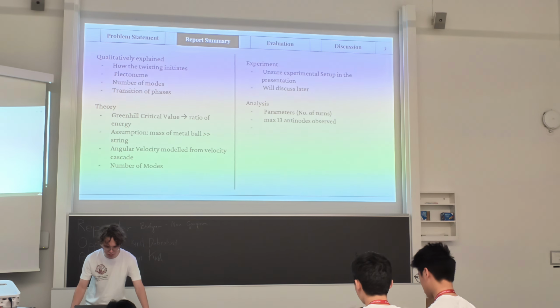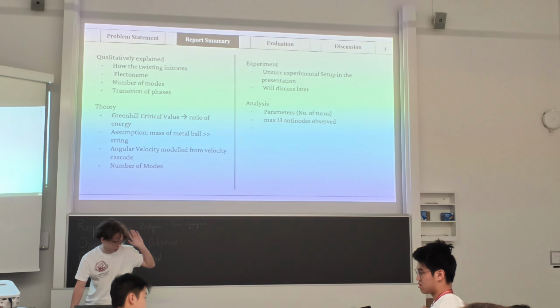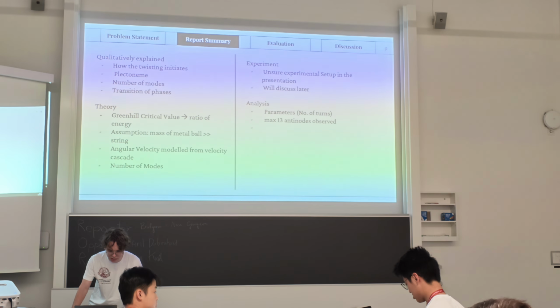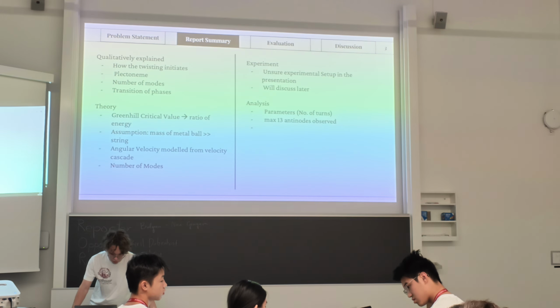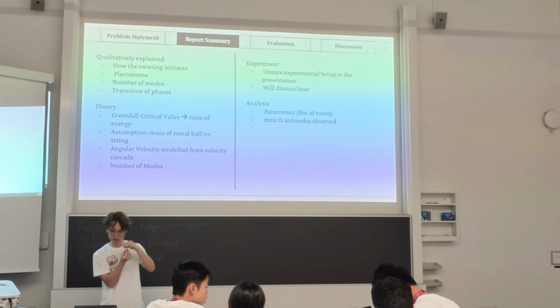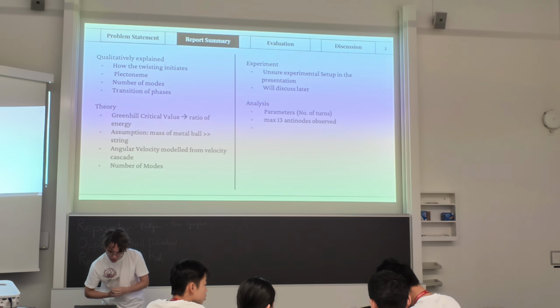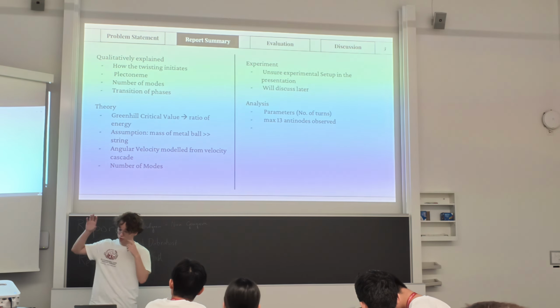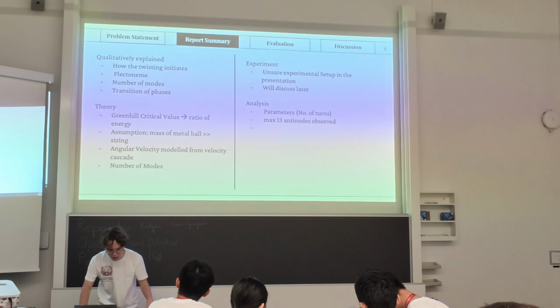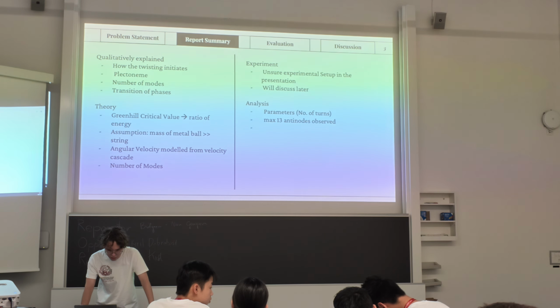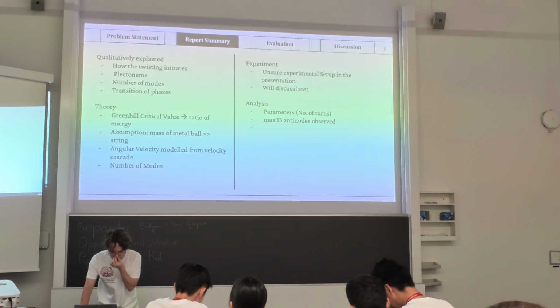Moving on to the summary of the report, the team qualitatively explained how the twisting initiates. They also explained the number of turns and how this twisting happens. They have also showed us the transitional phases and explained the bobbing of the ball. In their theoretical part, they were using a green theoretical value as the ratio of energy.